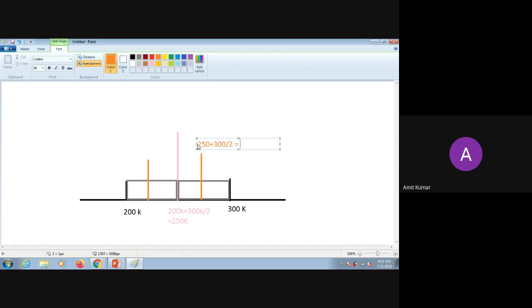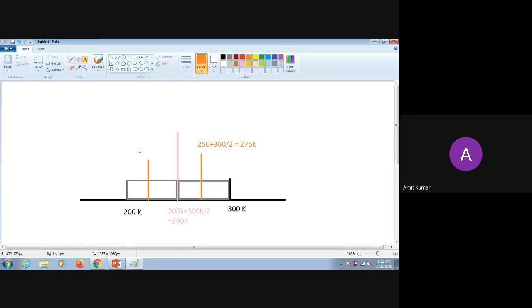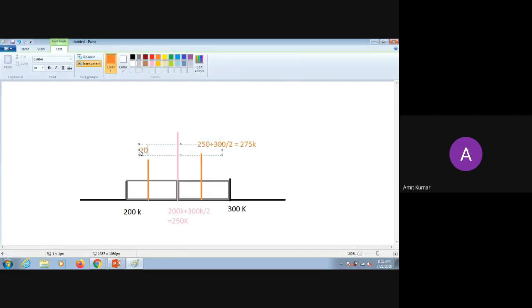So 550 divided by 2, you will get 275. Same way, this can be calculated as 200 plus 250 divided by 2, so you will get 225.